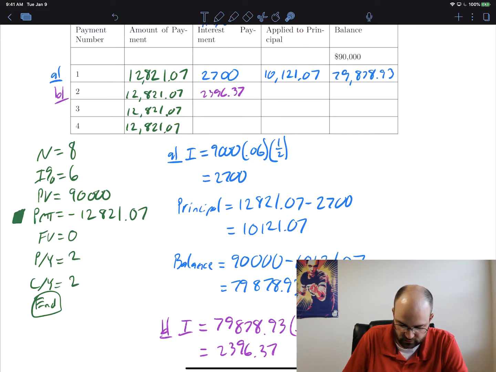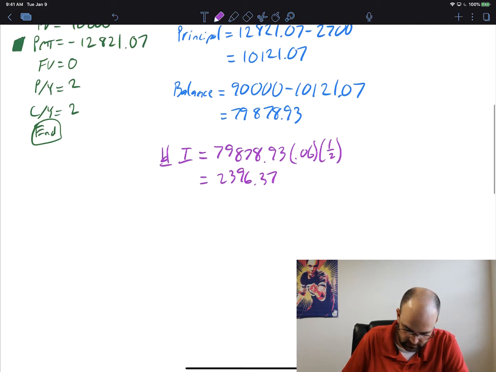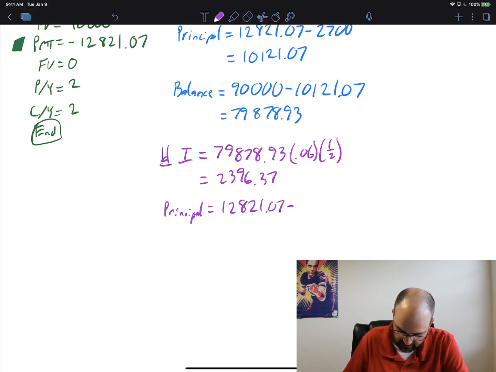The amount applied towards the principal is the difference between that and the new interest. So the principal will be that $12,821.07 minus the interest payment, $2396.37.